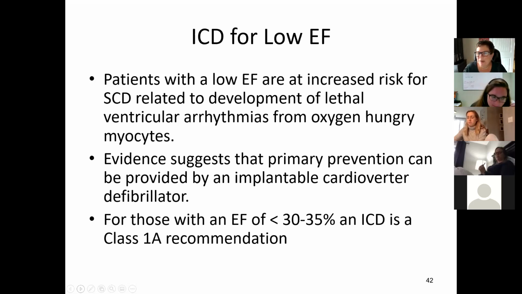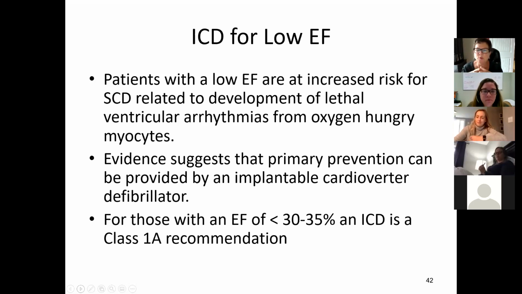So then there's a group of patients who have heart failure and a low ejection fraction. And so right now it's a class 1A recommendation, meaning the highest level of evidence, for patients who have an EF of below 35% to have an implantable cardioverter defibrillator. That's because they are at huge risk for sudden cardiac death. And so Holly's budget may be impacted.